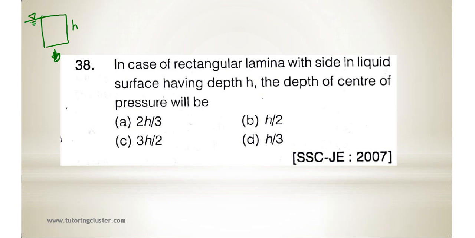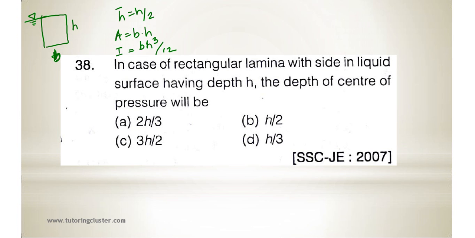Now H bar, the CG, will be located at H by 2. The area will be B into H, and I will be BH cube by 12.